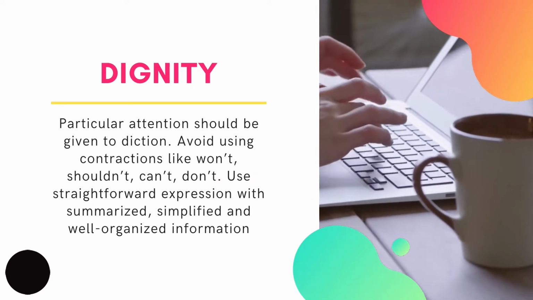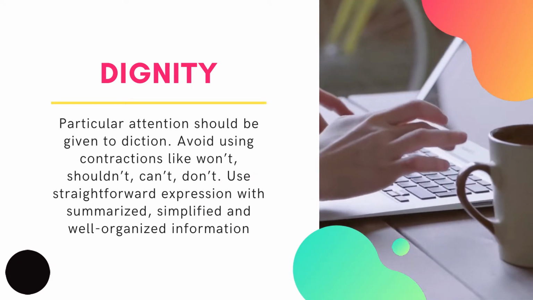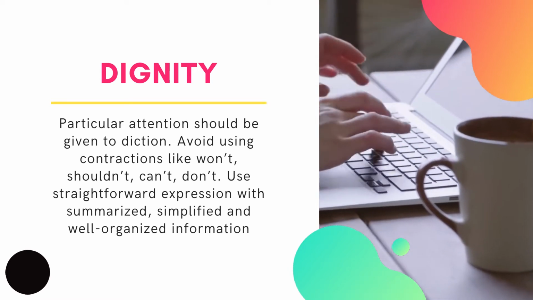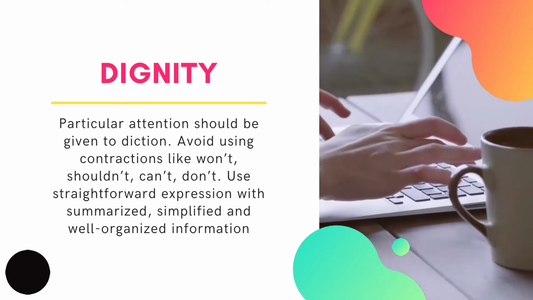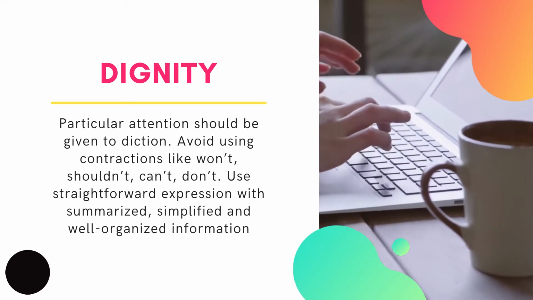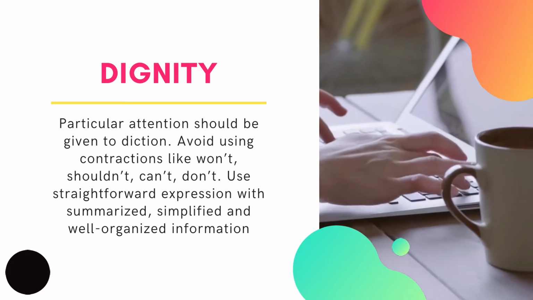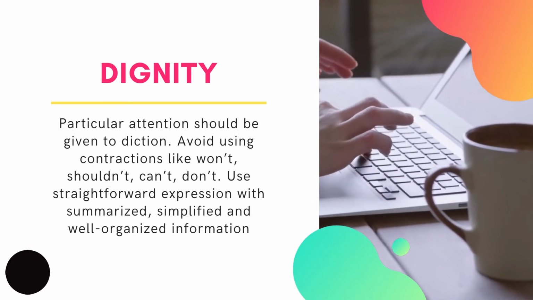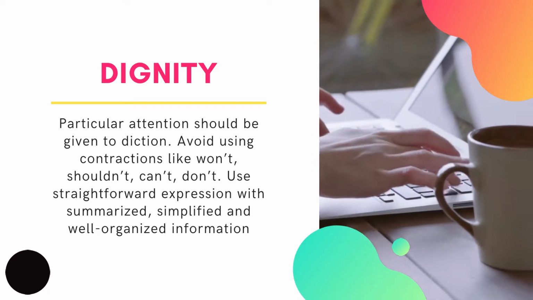Next, we have dignity. So particular attention should be given to diction. Avoid using contractions like won't, shouldn't, can't, don't, and use a straightforward expression with summarized, simplified, and well-organized information. So as a person, you have your own dignity. And how do you maintain that?